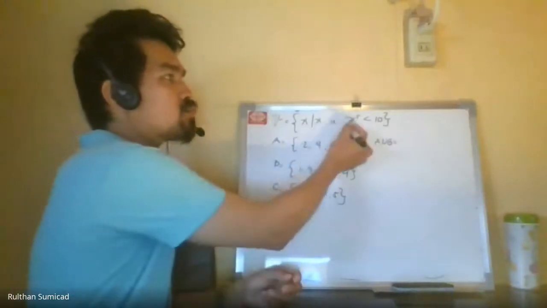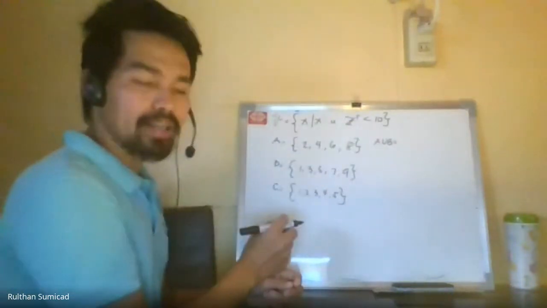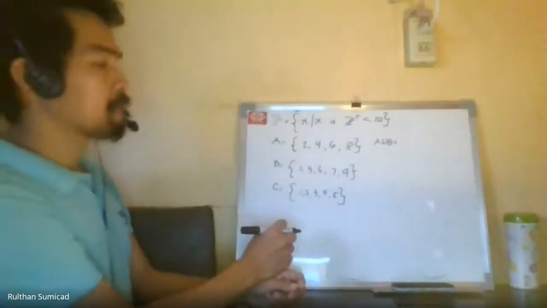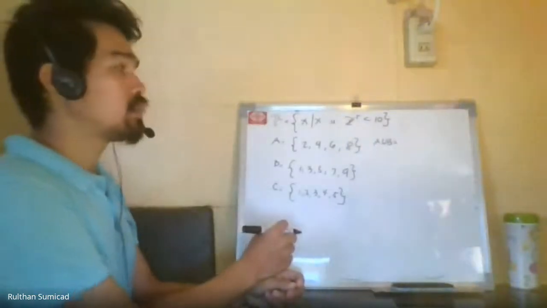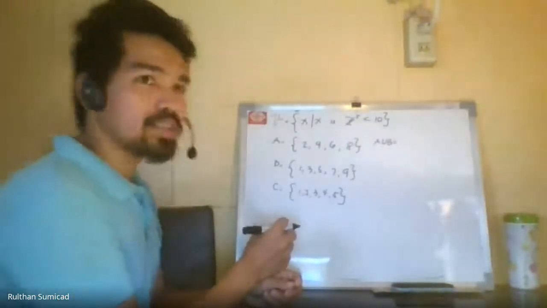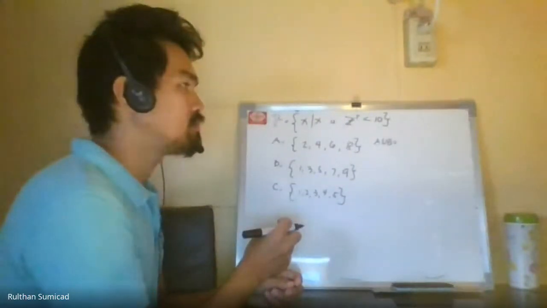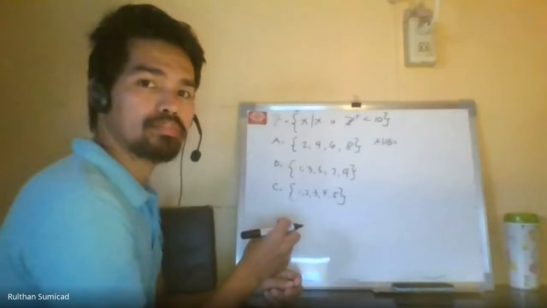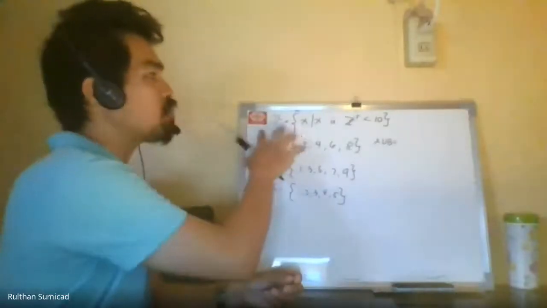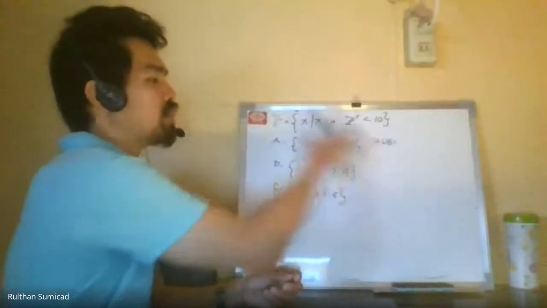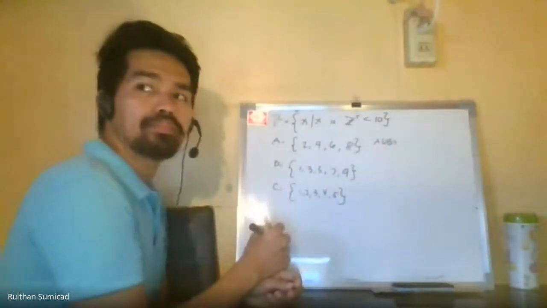Take note, the meaning of this one, Z plus is positive integer. So in this situation, this is our U. And this is our given.